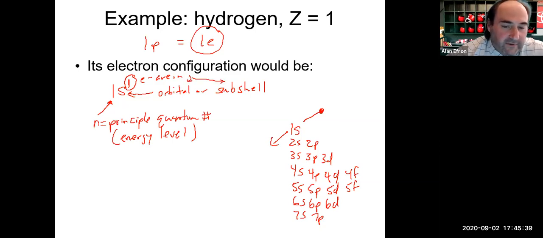So the electron configuration should be 1s1 for hydrogen. This is how you should write it. The 1 here is a big one, a small s, and the 1 up here is a superscript. No commas, no dashes or other weird things people like to do. So that is how you should write it.